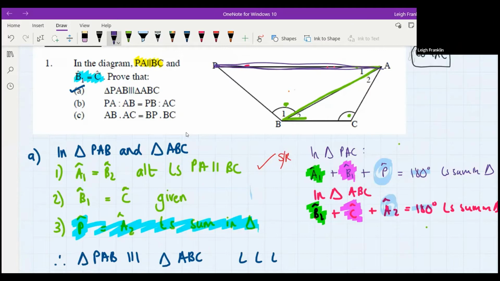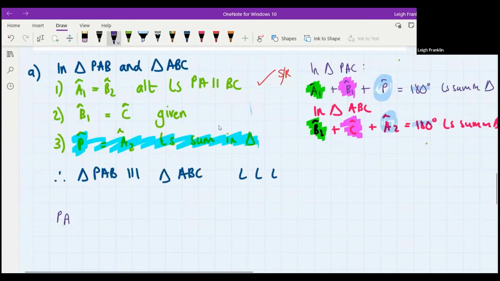That's PA. Now, PA are the first two letters in this triangle. If you've got the order of the letters correct, then PA will correspond with the first two letters in this one over here. So PA over AB.